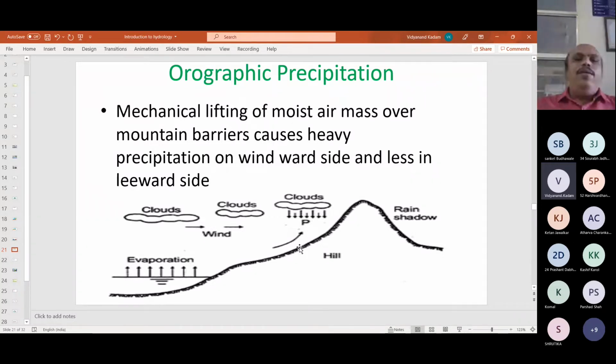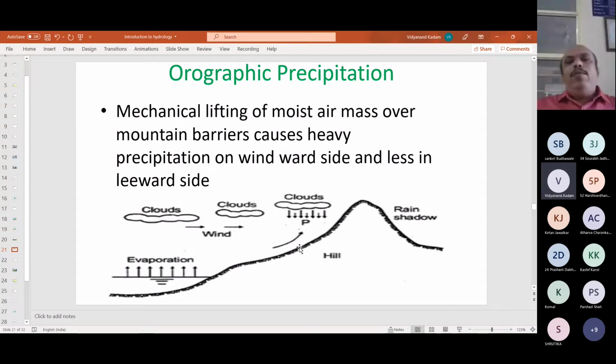And now in this case, these moisture laden air masses are lifted up to higher altitude due to some natural barrier, like mountains.